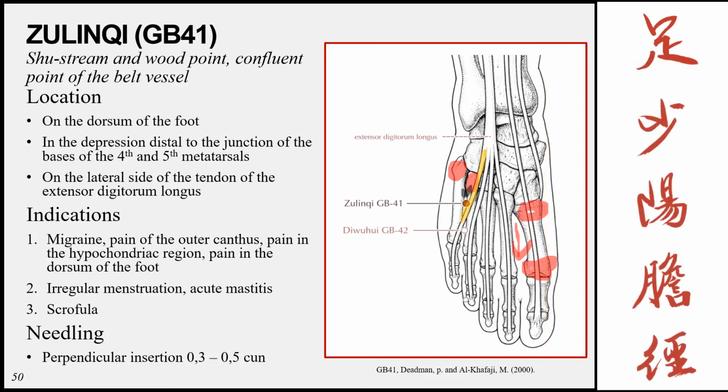This is due to its location and that it is a point on the Gall Bladder meridian. Then because it's a confluent point of the belt vessel, it can treat irregular menstruation and acute mastitis. And then thirdly, it can be used for scrofula. Needling is perpendicular insertion, 0.3 to 0.5 cun.